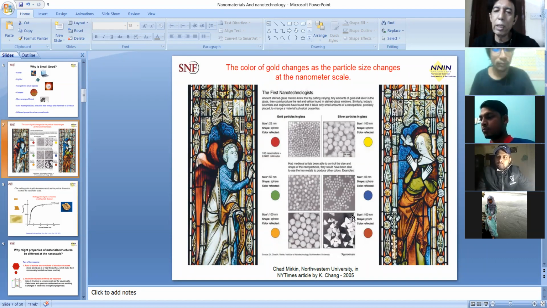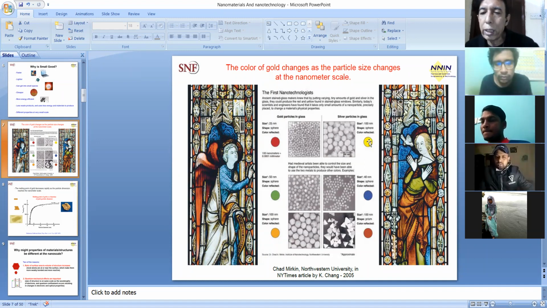Because you see here the size of silver atoms is 40 nanometer. Here it is 100 nanometer, and the sphere color reflected is like that, and it will be blue.